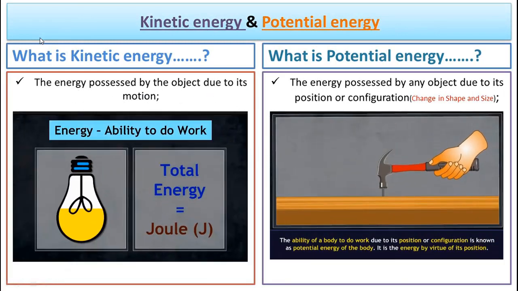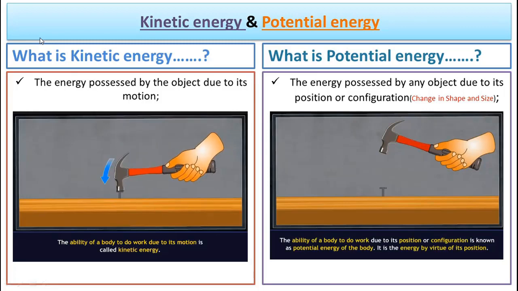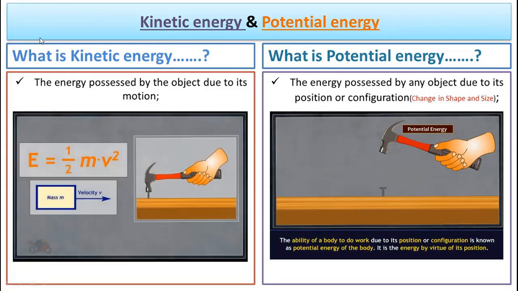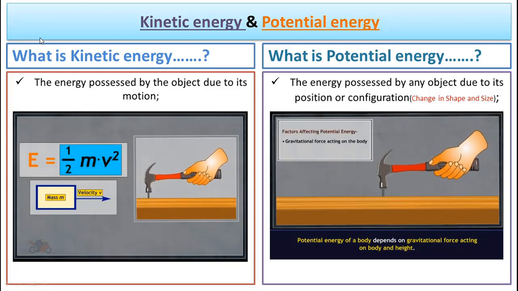The ability of a body to do work due to its position or configuration is known as potential energy of the body. It is the energy by virtue of its position. Potential energy of a body depends on gravitational force acting on the body and height.